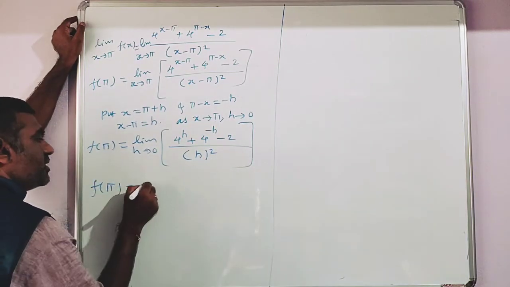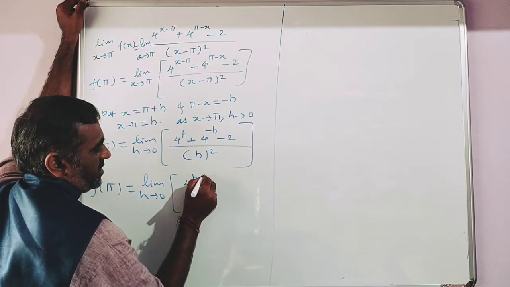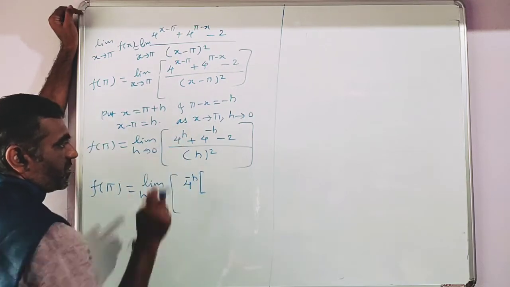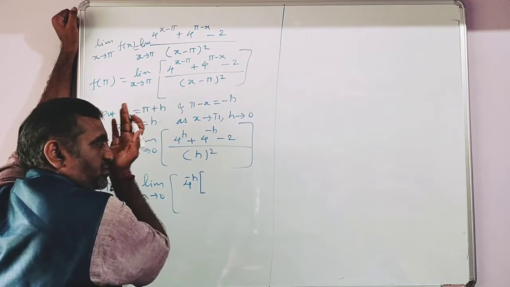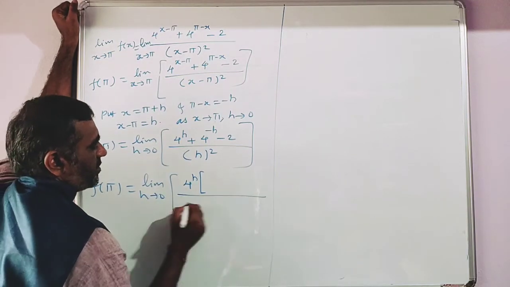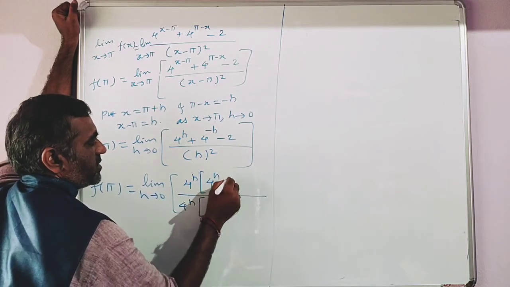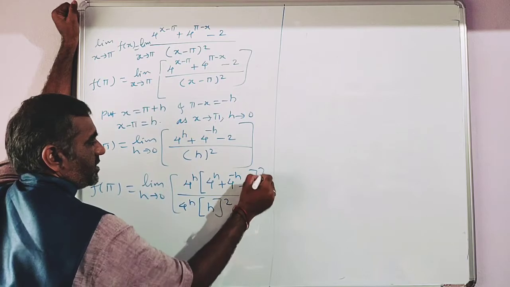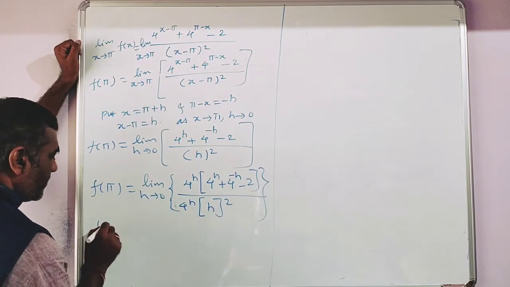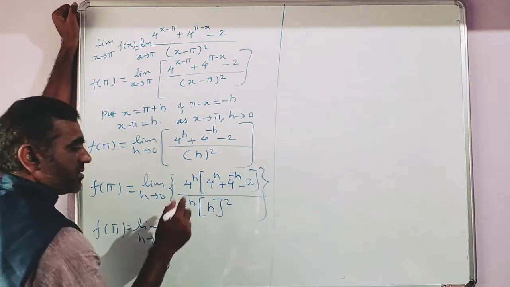f of pi is equal to limit as h tends to 0 in bracket 4 to the h common, 4 to the minus h common. Simple thing is that you have to multiply by 4 to the h.